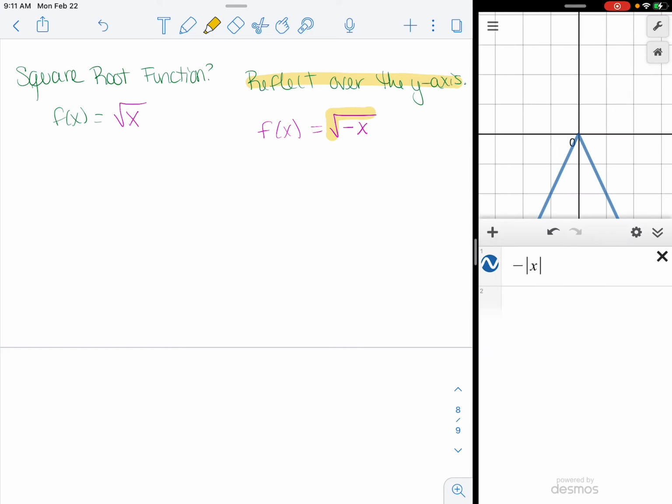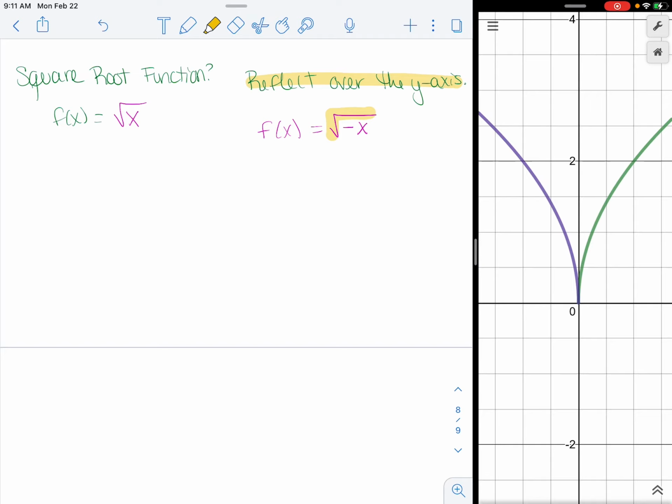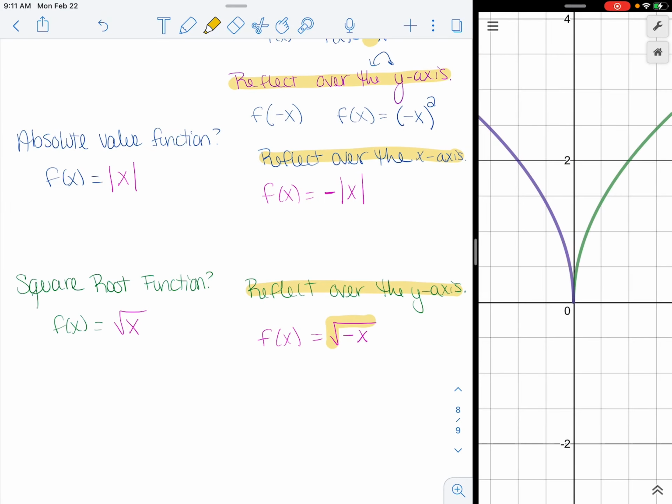Okay. Now watch what happens on our graph. Square root of x, square root of negative x. So the green one is the parent function. The purple one is that parent function that's been reflected over the y-axis. So we actually see it flipping over that y-axis there.